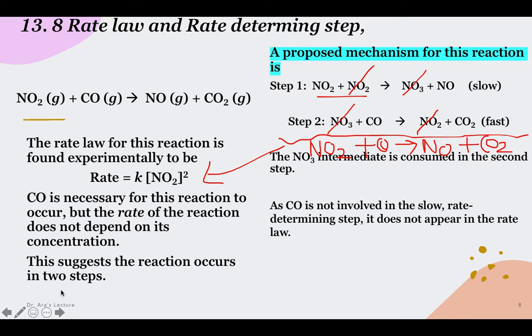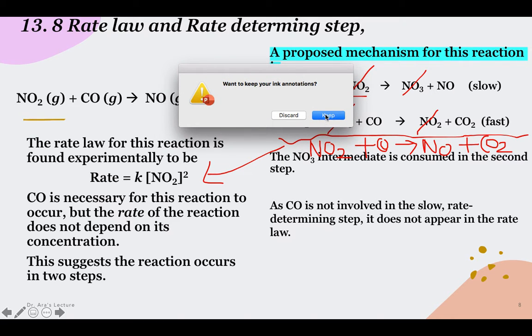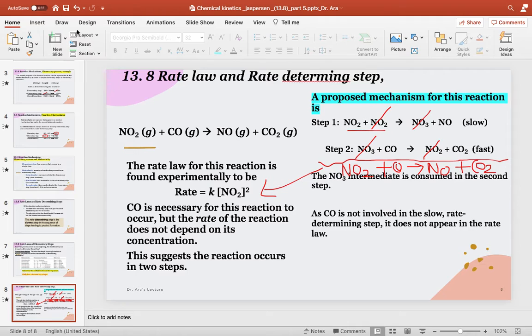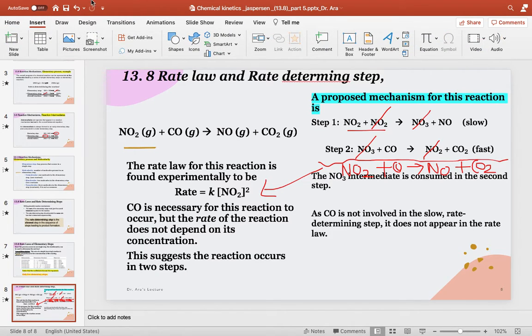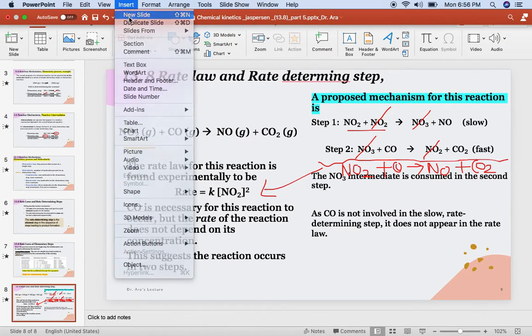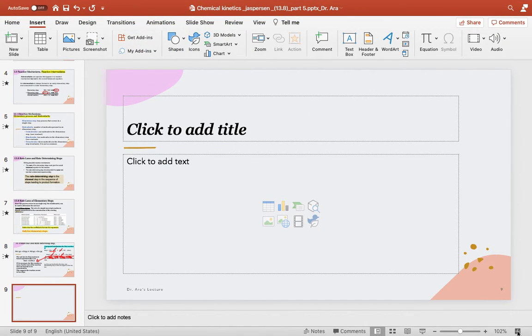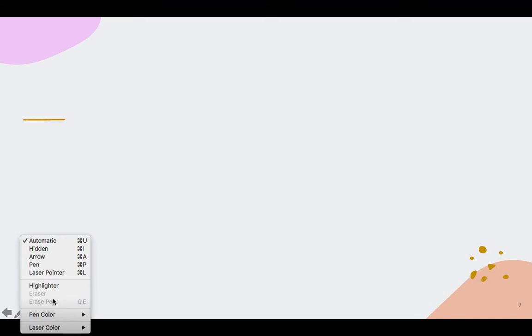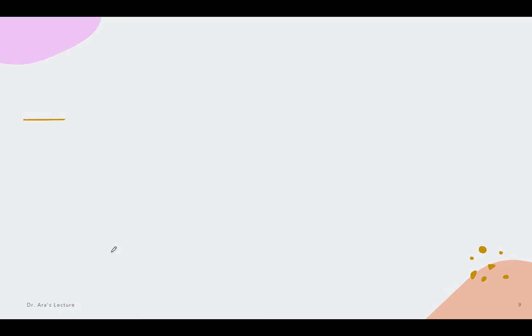Let's do one more example. Because I want to show you that if the reaction is carried out in the presence of a catalyst, how you can find from the mechanism which one is the catalyst.